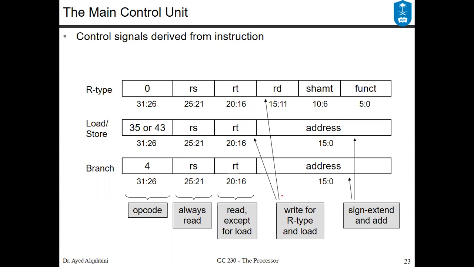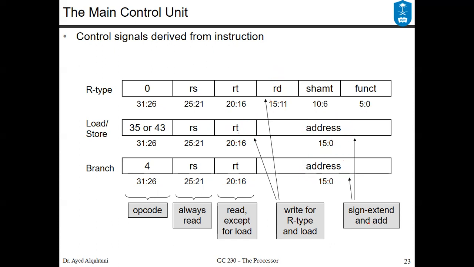For these two registers, this is always a destination. So you write back to RD for the R type. For the load, you write back to the RT. You know that these offsets or addresses, those 16 bits from 0 to 15, are sign extended, and they are added after the sign extension.